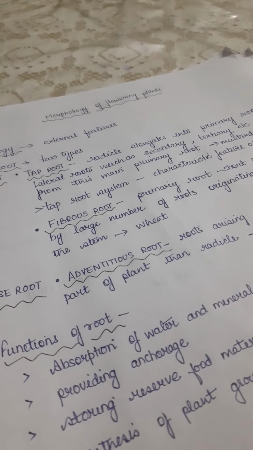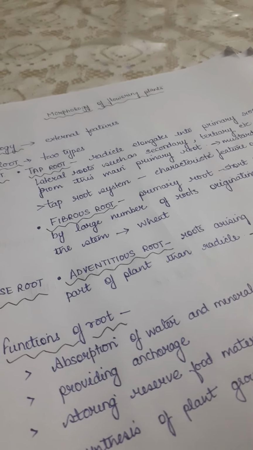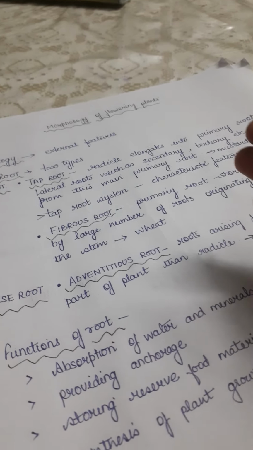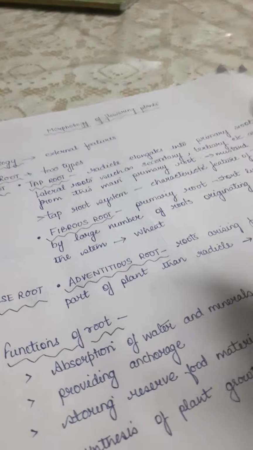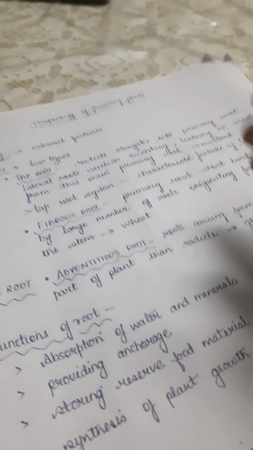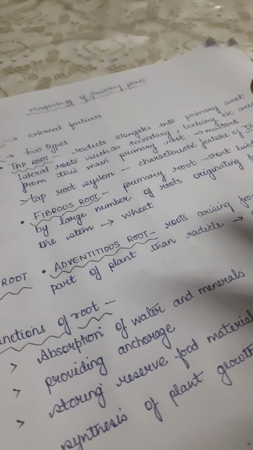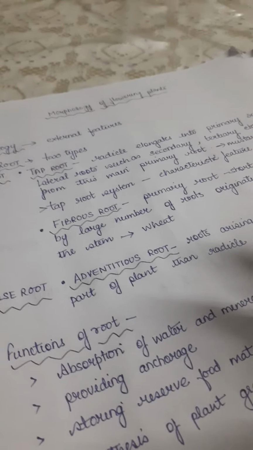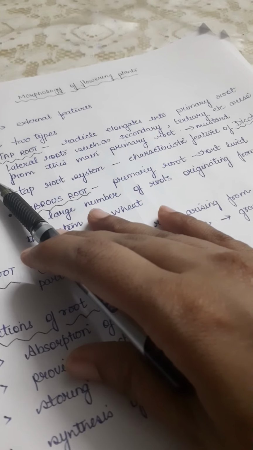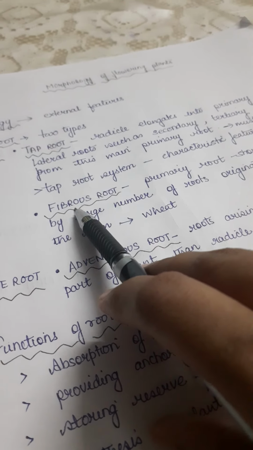So when the roots come out from the radicle, that is the prescribed part of the embryo, it will be known as true root, whereas when it comes out from any other part, maybe arising from stem or branch or maybe from leaf as well, it will be a false root, because you cannot call it true, so you are calling it false. True root can be of two types, tap root and fibrous root.